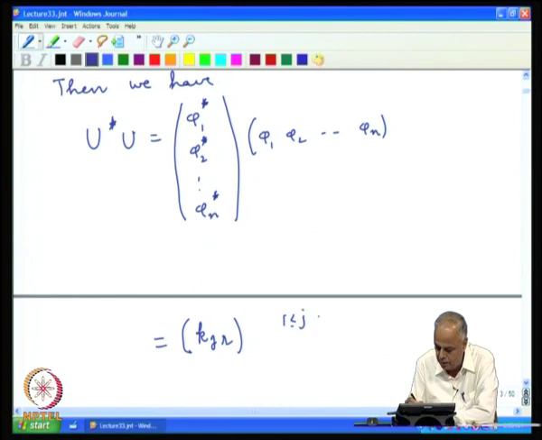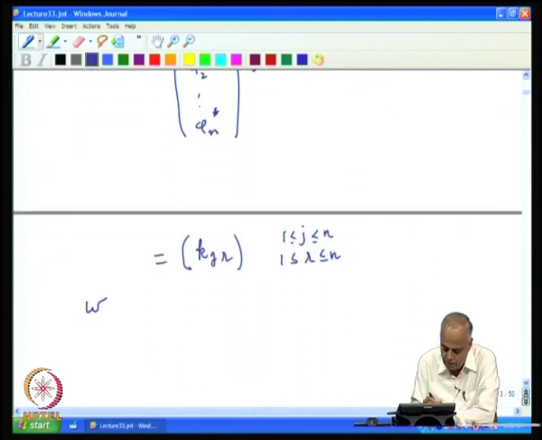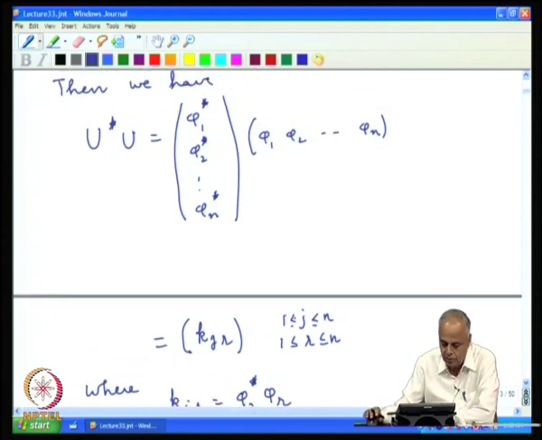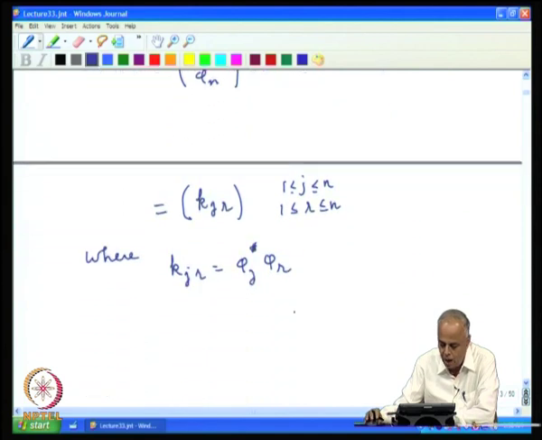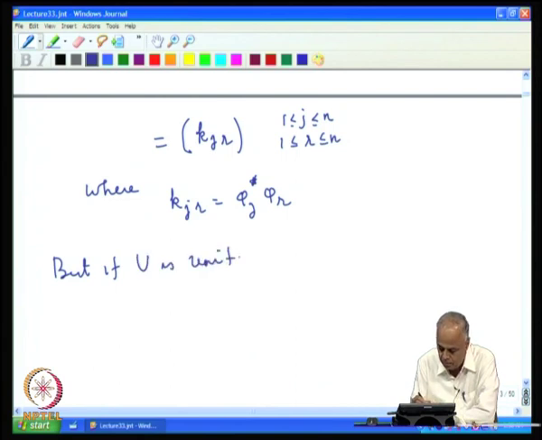1 less than or equal to j less than or equal to n, 1 less than or equal to r less than or equal to n, where K J R is simply phi j star phi r. Now, since U is unitary, U star U must be identity.